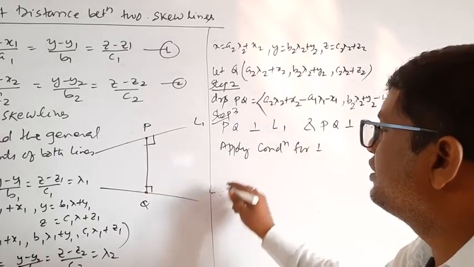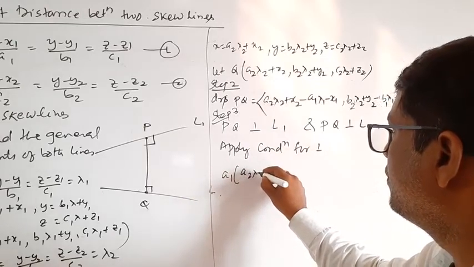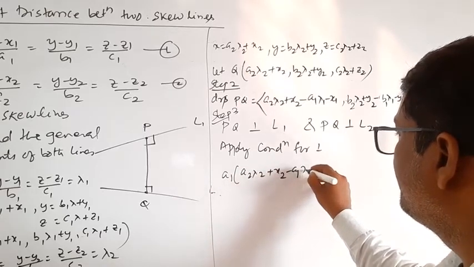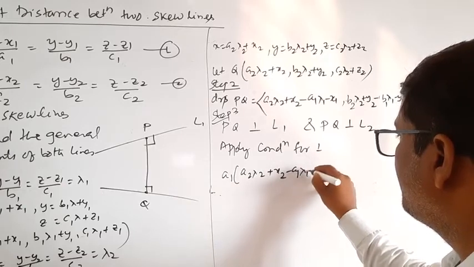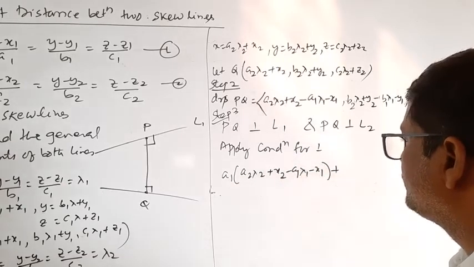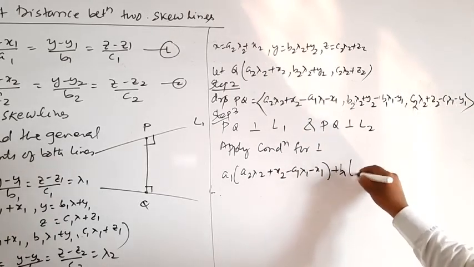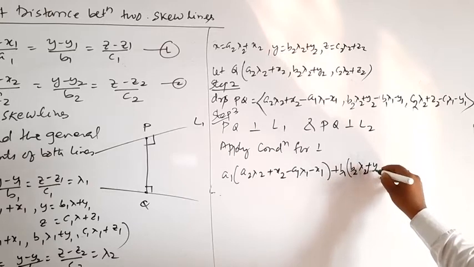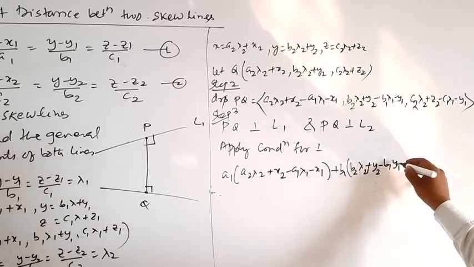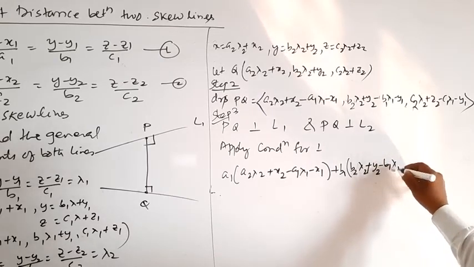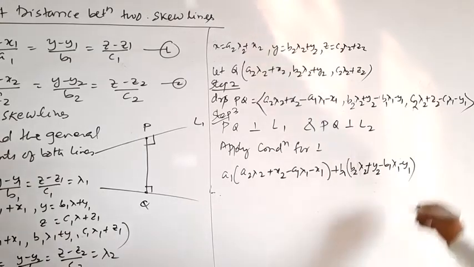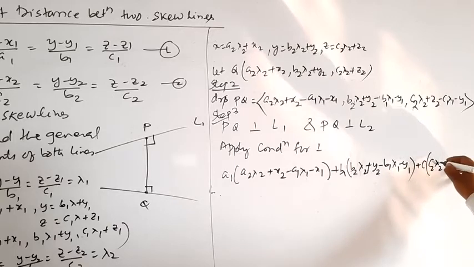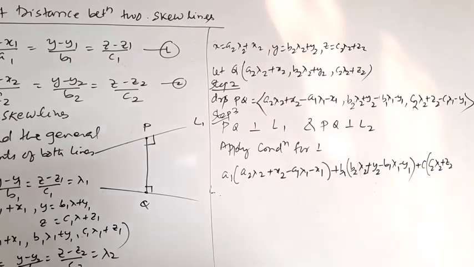So a1 into (a2 lambda 2 plus x2 minus a1 lambda 1 minus x1) plus b1 into (b2 lambda 2 plus y2 minus b1 lambda 1 minus y1) plus c1 into (c2 lambda 2 plus z2 minus c1 lambda 1 minus z1) equals 0.